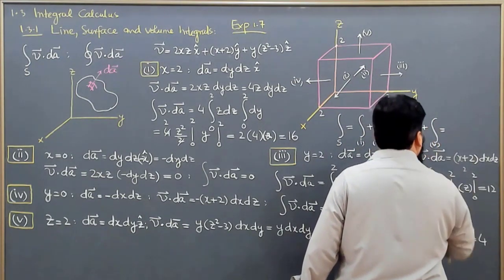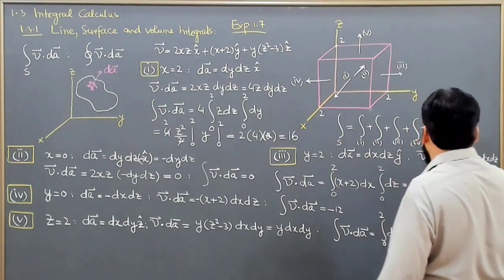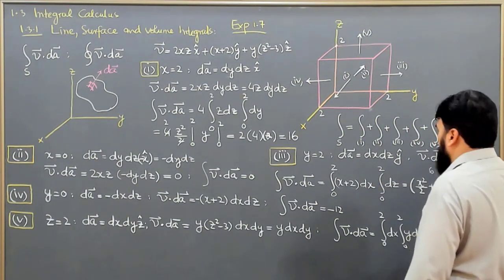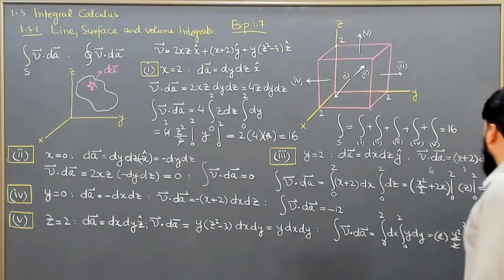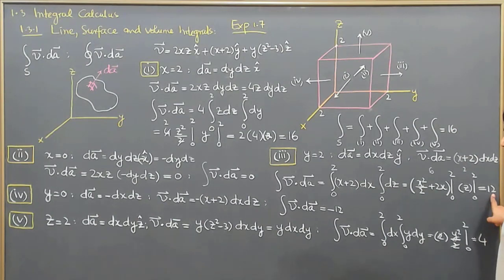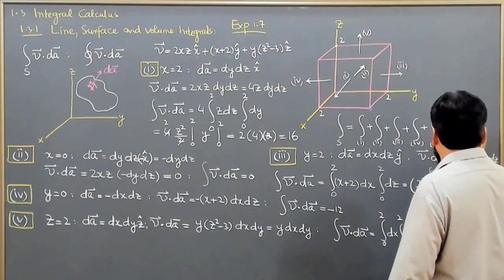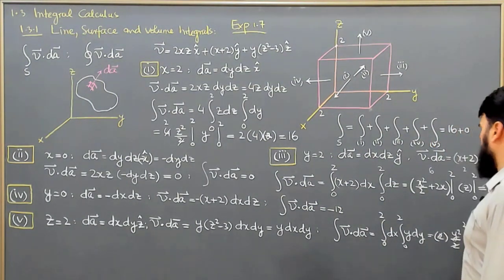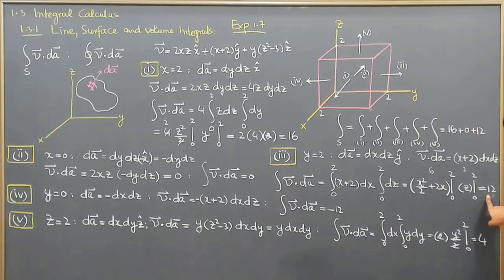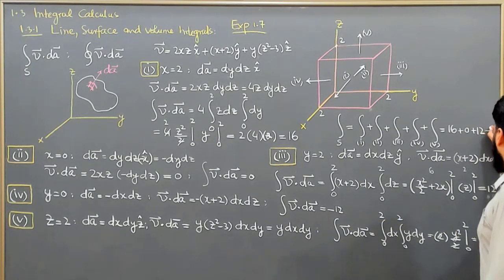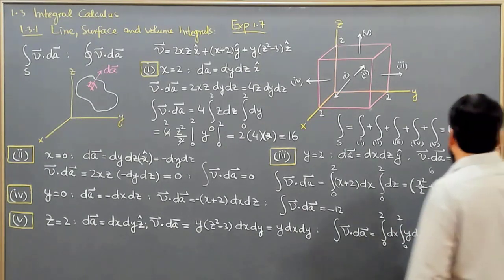The first surface gives us 16, the second surface gives us 0, then the third surface gives 12, the fourth surface gives minus 12, and the fifth surface gives 4.